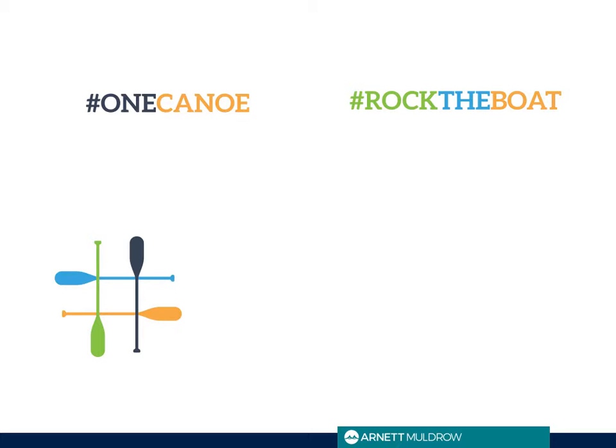It allows others to aggregate all the content that uses the same tag. So if I'm on Instagram or Facebook and you see a hashtag that says "one canoe," anybody that has ever put one canoe in their post, you're able to see it all in one place. That's really cool.